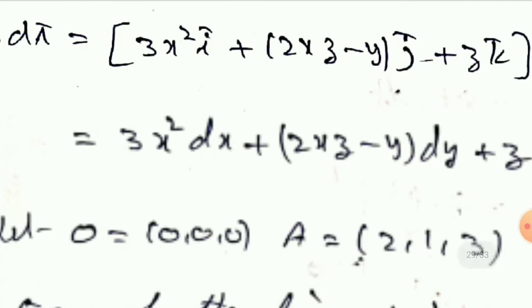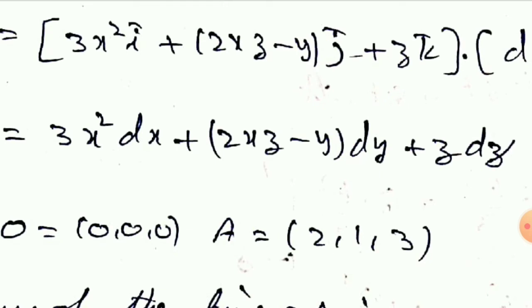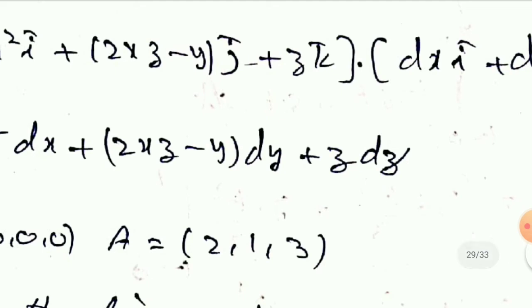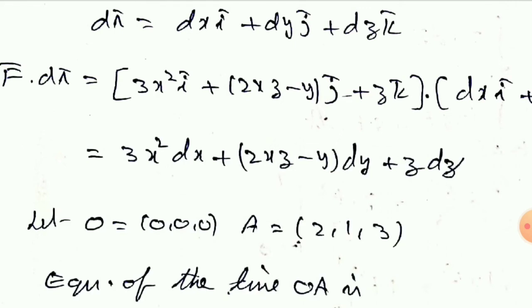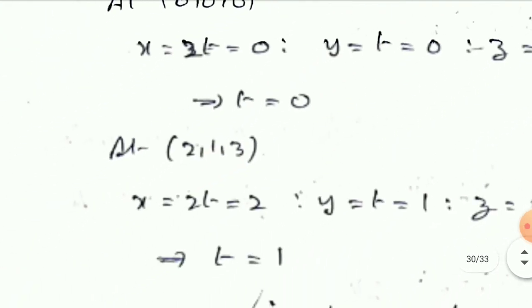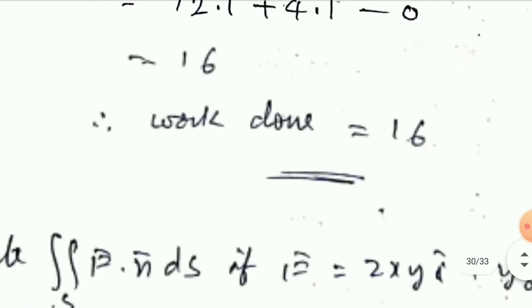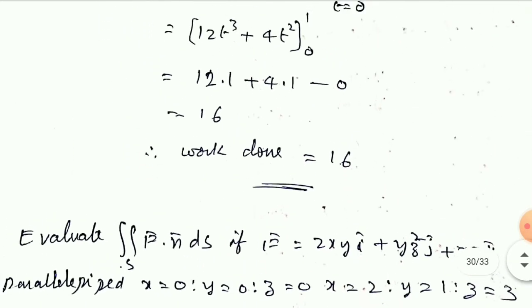So 3 constant, x cube by 3. Similarly, with respect to y, 2xyz minus y square by 2, and this becomes z square by 2. In the complete expression, you substitute the x limits 0 to 2, y limits 0 to 1, and z limits 0 to 3. So directly, without using this lengthy procedure, you will get the same answer. The answer is nothing but 16. So there I'm using a different process, but I'm giving you the easiest principle, that you will get 16 as the answer.